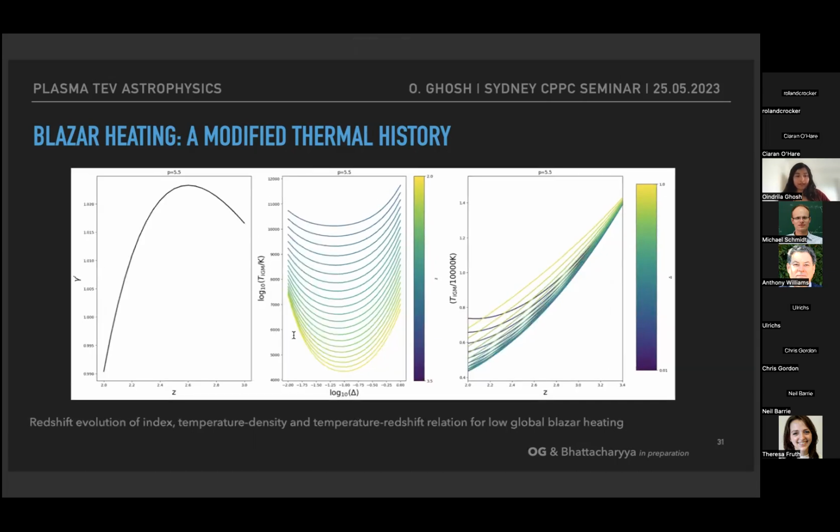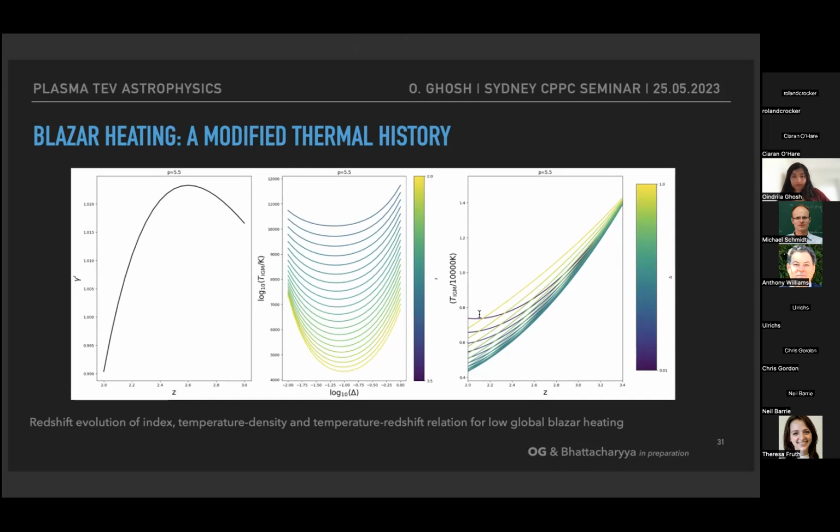So this is again the temperature density relation for various redshifts and the temperature redshift relation for various overdensities. And in the underdense regions, which is characterized by this dark purple part here, the blazar heating is more pronounced at late times.